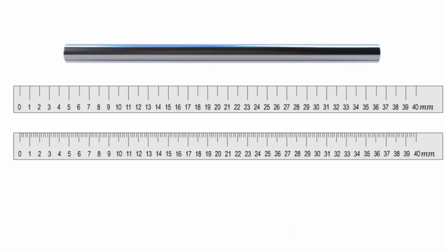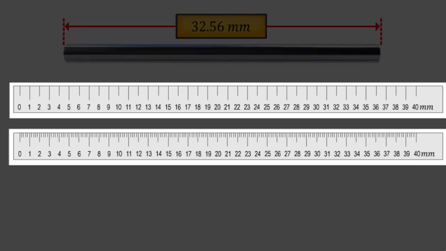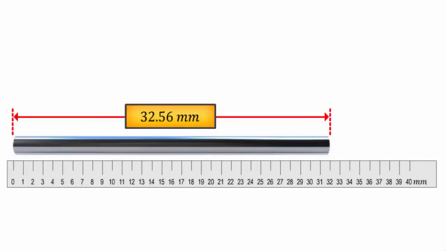Take, for example, an object whose absolute length is 32.56 millimeter, measured using 2 different instruments. Using the first instrument with a resolution of 1 millimeter, we obtain the measurement as 32 millimeter. Let us call this measurement M1.